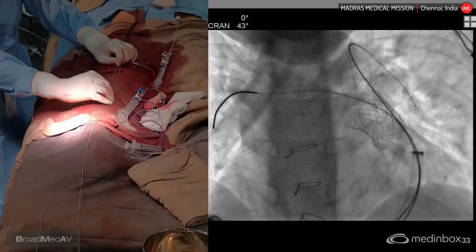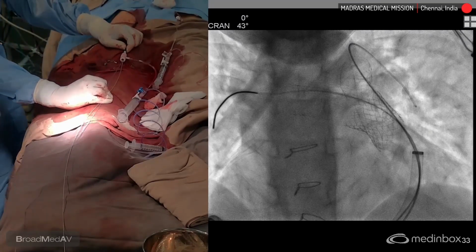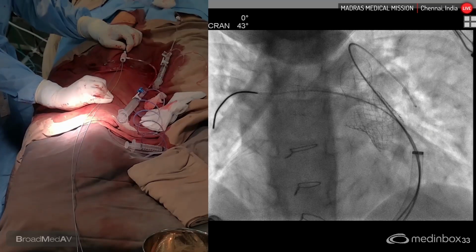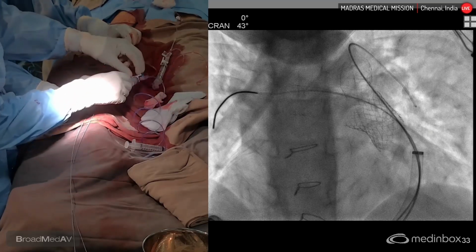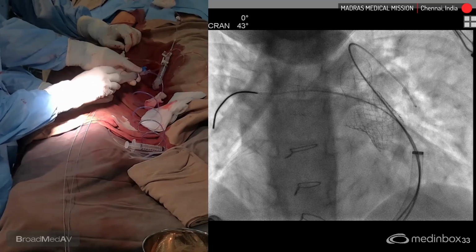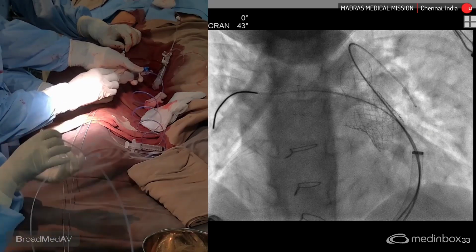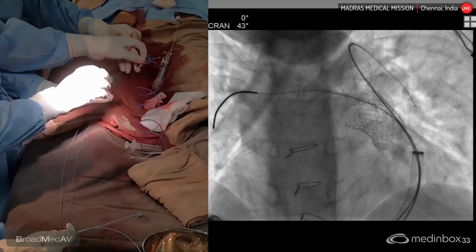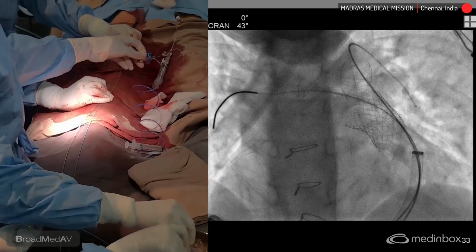Pigtail catheter, not the marker, the other one. Let me also connect to RV pressure now. That's the RV pressure.